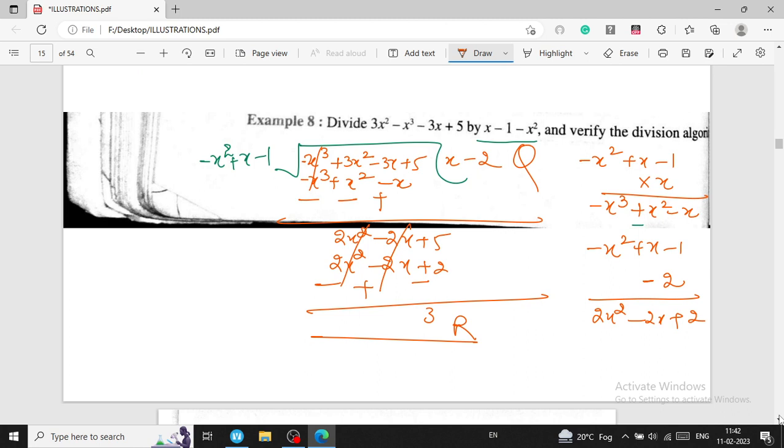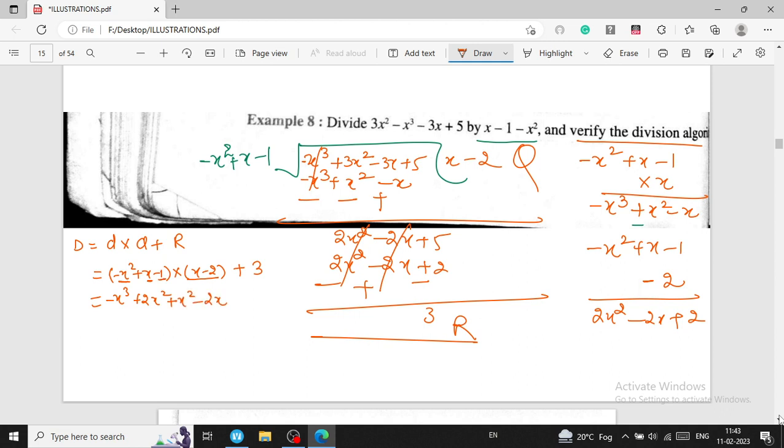And here we have to verify this statement. We can verify by this method: dividend is equal to divisor multiplied by quotient plus remainder. The divisor is given, minus x square plus x minus 1, multiplied by x minus 2, plus remainder 3. First of all, this value multiplied by this value gives minus x cube plus 2x square, then this value multiplied by the whole bracket gives plus x square minus 2x.